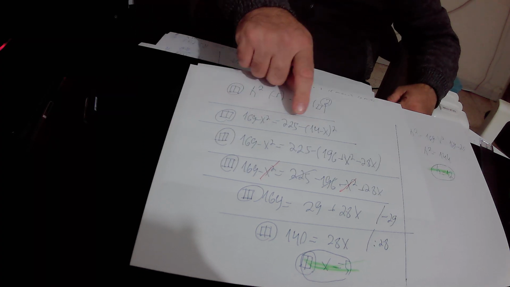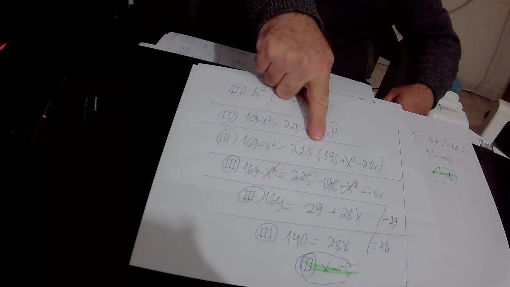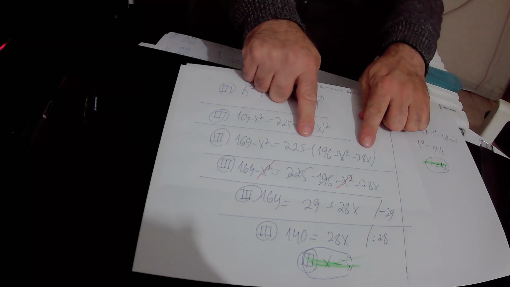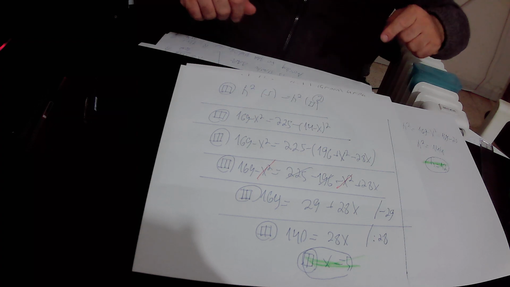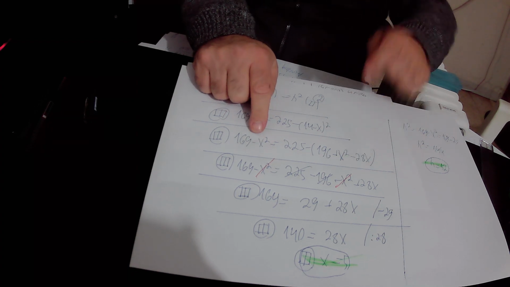So here, we open the brackets. We have minus before the brackets, so after we open the brackets, we get minus 196 minus x square, and minus times minus is plus 28x. So we have minus x square on both sides of the equation, so minus x square will be cancelled.